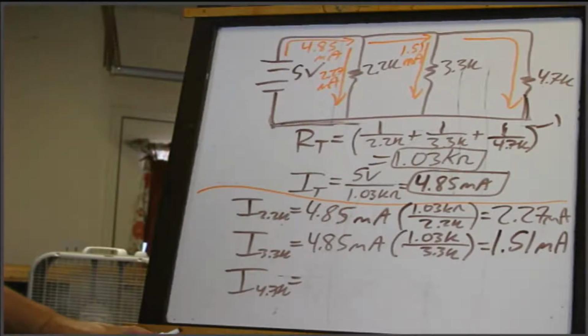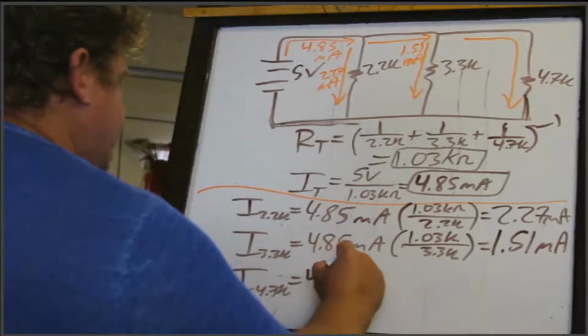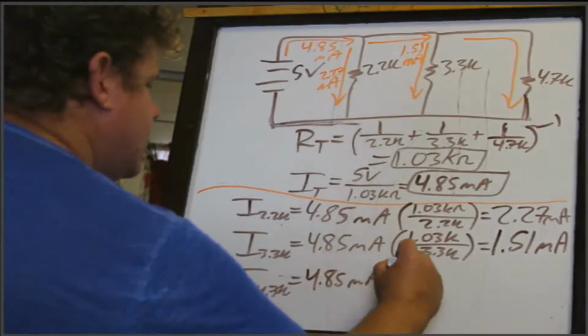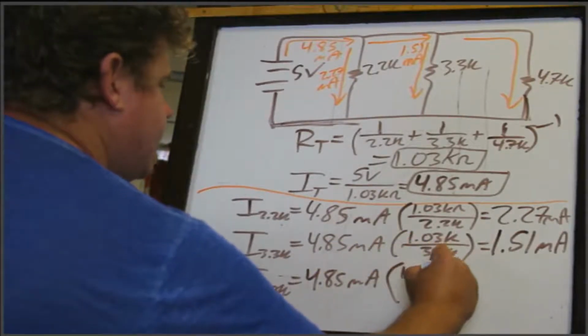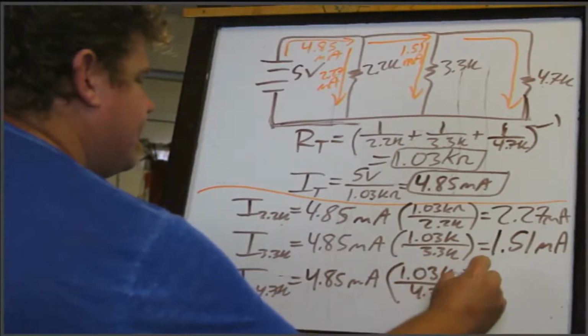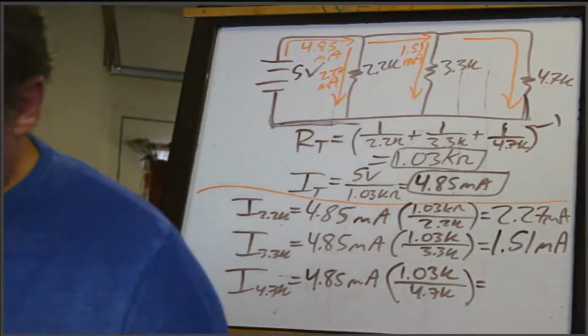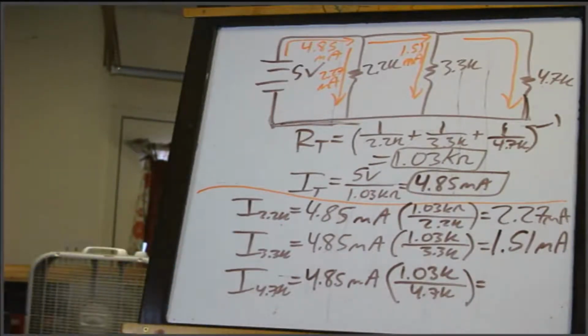Okay. Very good. Ben and Steve. 4.85 and 1.03K. And now this one is the 4.7K. Go ahead and find that last one.